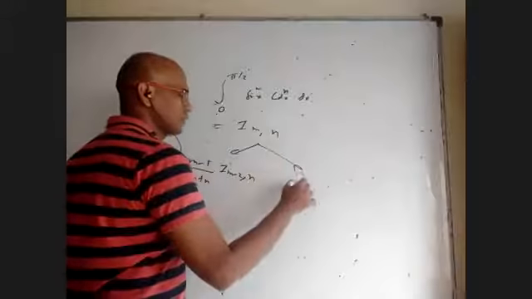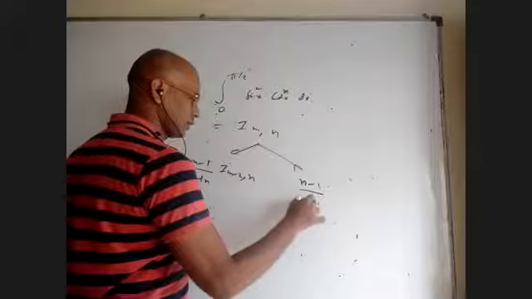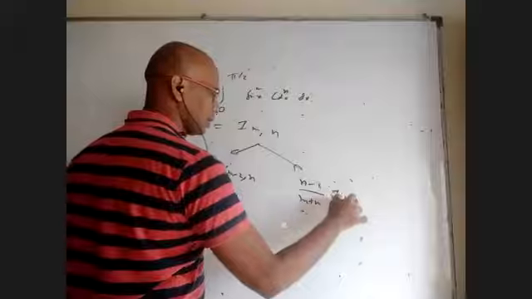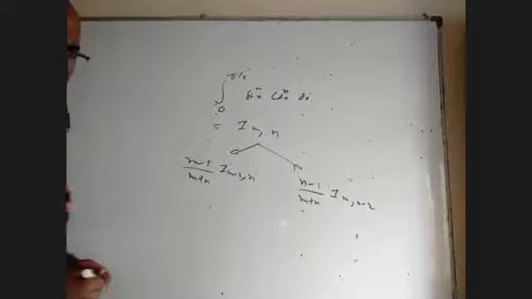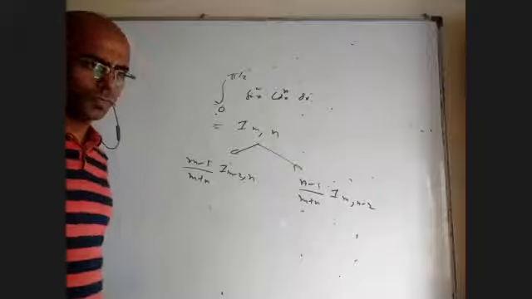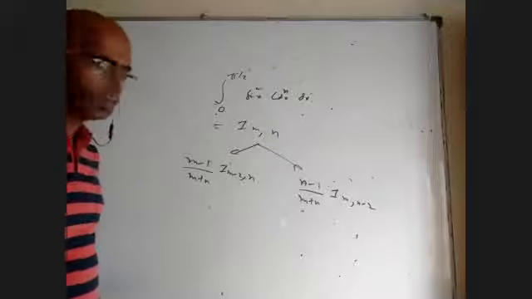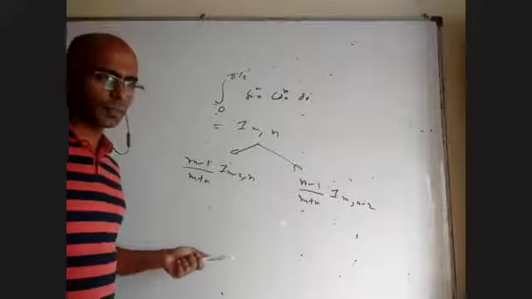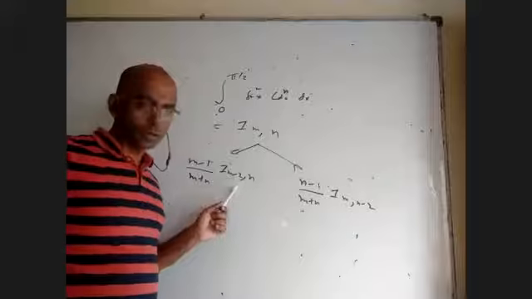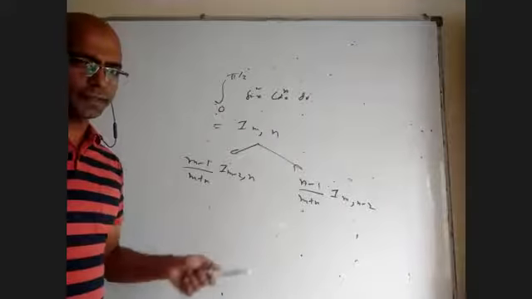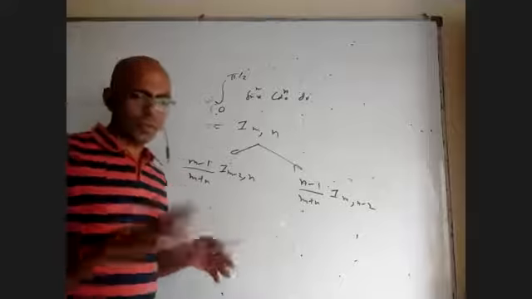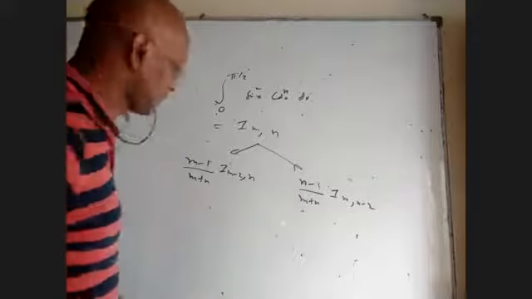If you want to decrease the power of cos, it will be n minus 1 by m plus n times I m comma n minus 2. Then keep on decreasing the power till it becomes 1 or 0. We developed a formula for that and have seen one or two examples. There is a simple way to manage all that. Let me explain that.